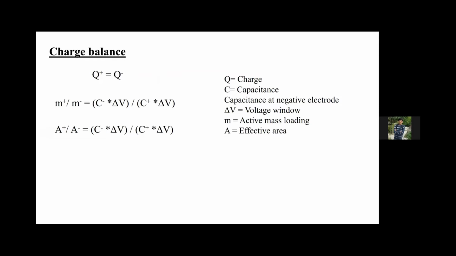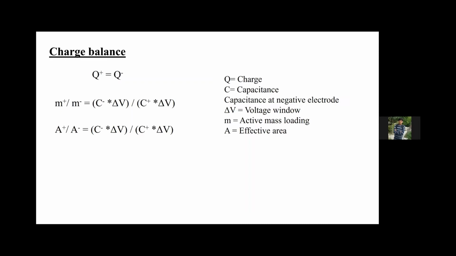But for device fabrication, we need to optimize. What is the optimization? The main optimization is the charge balance, and the formula is Q plus equals Q minus. That means the positive electrode charge must be equal to the negative electrode charge.